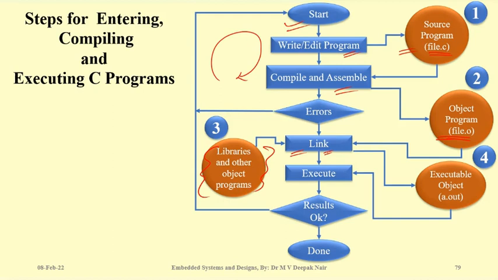Then of course, when the linking is perfect and everything is okay, you get the a.out file, the executable object file, and then done. You get a binary file which can be loaded. Here the loader's job is not shown, whereas in my upgraded presentation, the last one I showed you, there are loaders also.